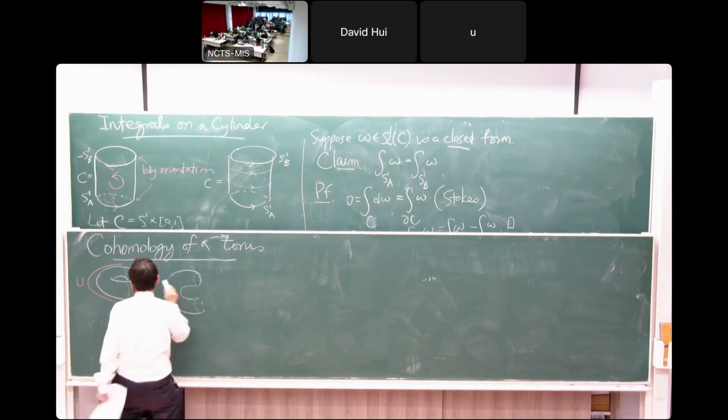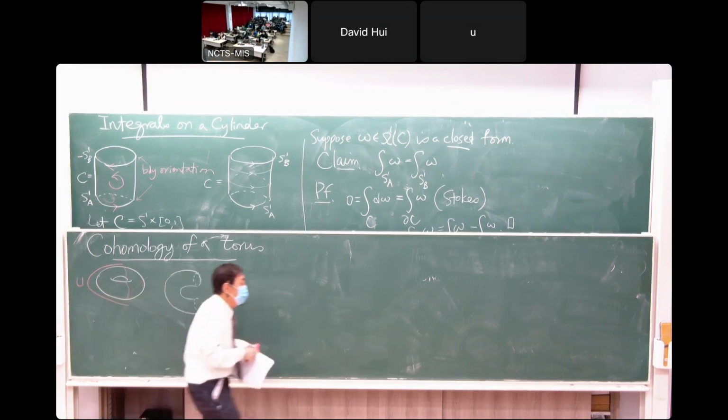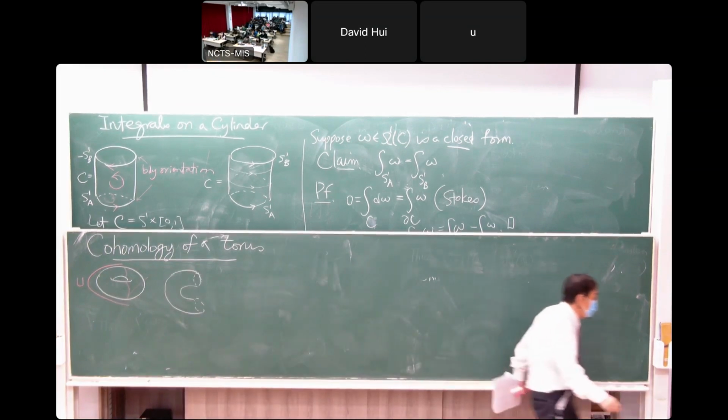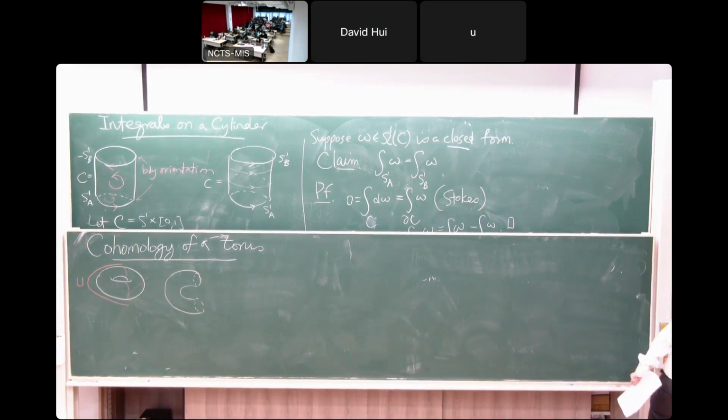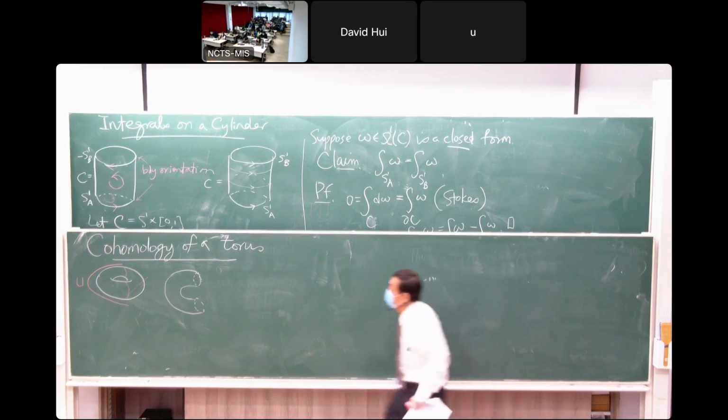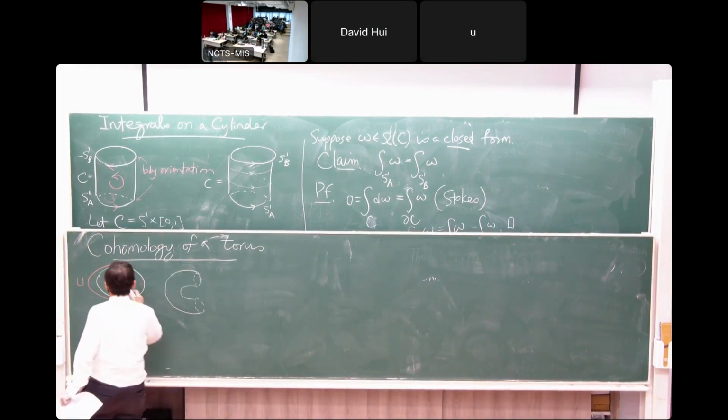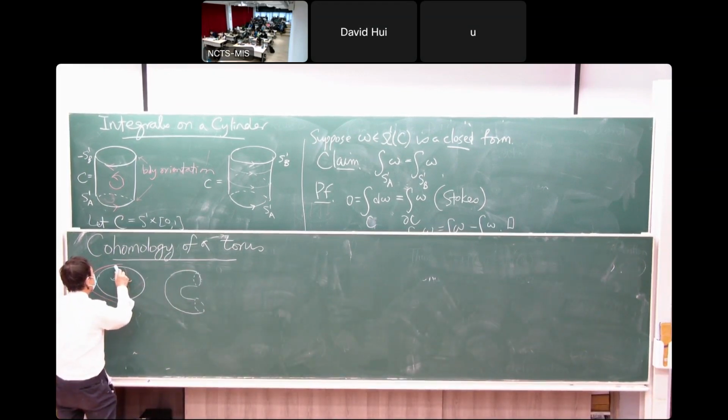And then V is the other side, but you know, you have to stick out a little bit so that there's an intersection. So V is this part.